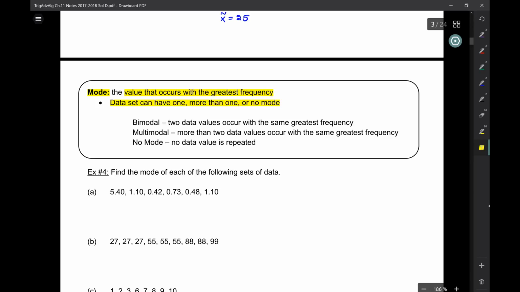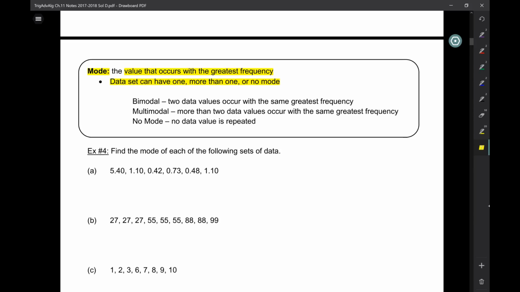If there are 10 people in a class and everybody got a different score, no repeating scores, there's no mode. Bimodal: a bicycle has how many wheels? 2. Bimodal means 2 data values occur with the same greatest frequency. Multimodal means more than 2 data values occur with the same greatest frequency. No mode means no data value is repeated.